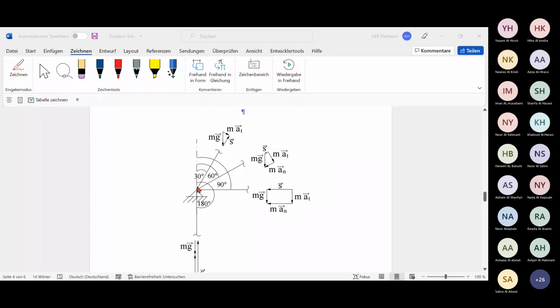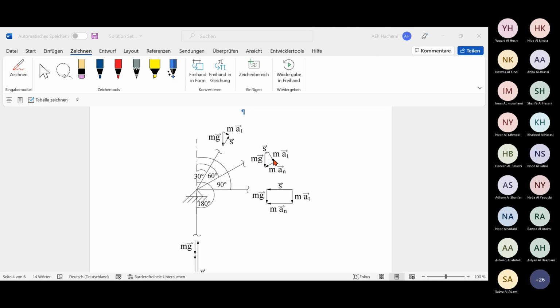The first case, what we said at pi over 6, that means S1. In this case, we have mg, we have the force S, and we have only the mass multiplied by the tangential acceleration. There is no force due to normal acceleration. There is also the value of 60 degree.